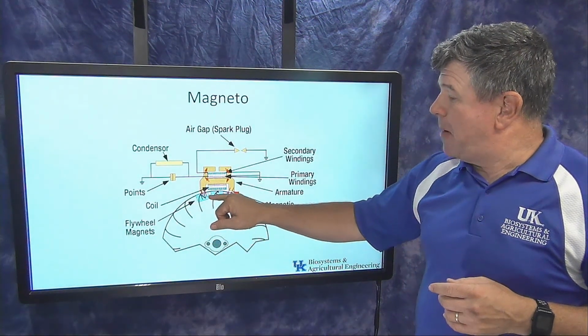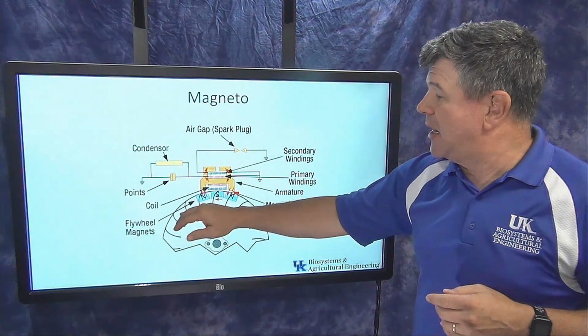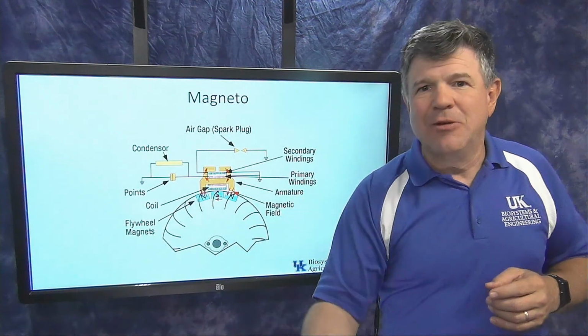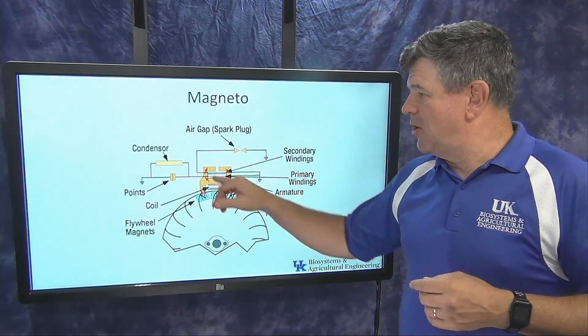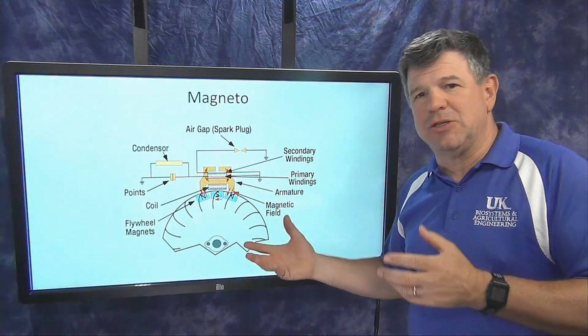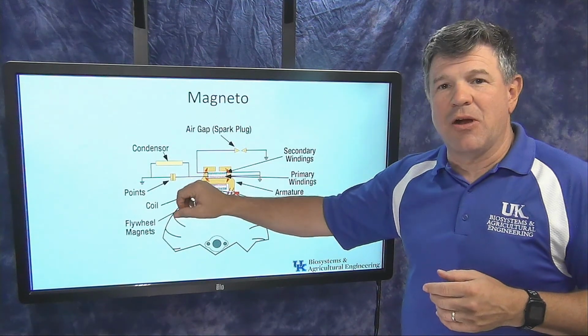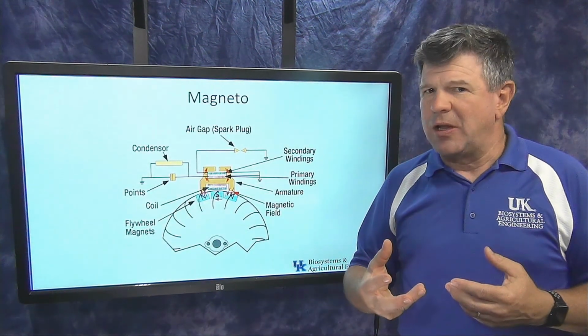So it's spinning and coming around every time that crankshaft comes around. Well, then it's got magnets built into it, very strong magnets. And as those magnets come flying by this magneto, they induce that current flow, so they make the current go through there. So they're pushing current through a primary coil, which is jumping over to the secondary coil. And then I've got some points over here that are opening and closing at the right time, either mechanically or electronically.